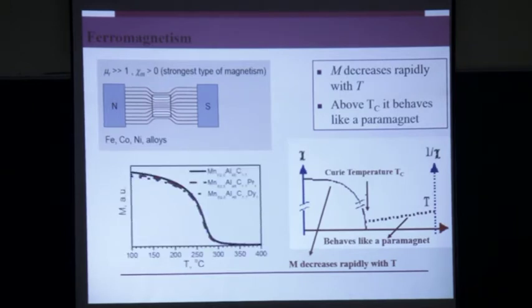So many examples can be given that the material is ferromagnetic up to this temperature and then becomes paramagnetic.